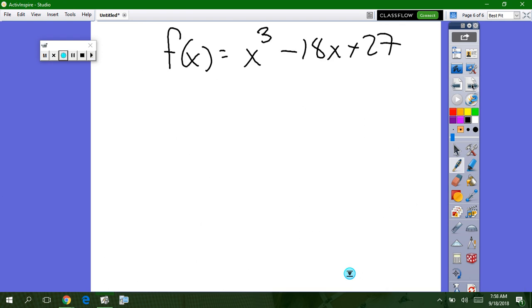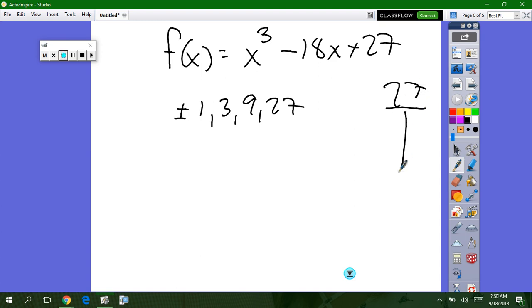So what are my factors of my constant? 1, 3, 9, and 27. Does everybody agree with that? If you need to, I could do a chart, right, just to check them out. 4 can't go, 5 can't go, 6 can't go, 7 can't go, 8 can't go, 9's on the other side, shows that I'm done, correct?